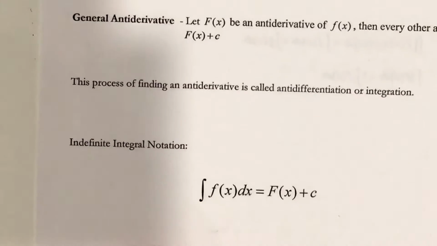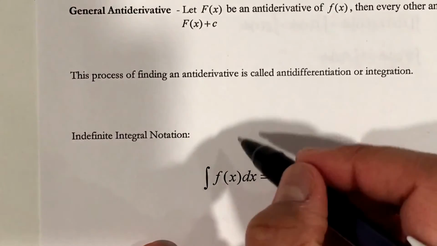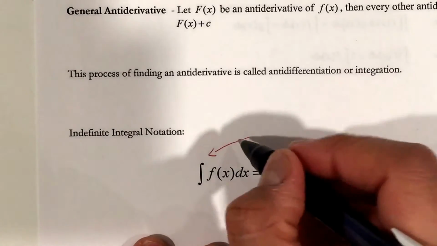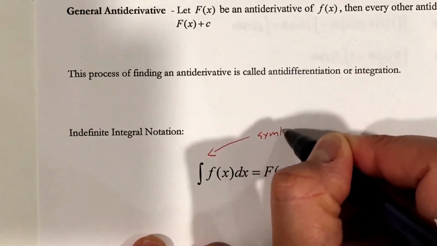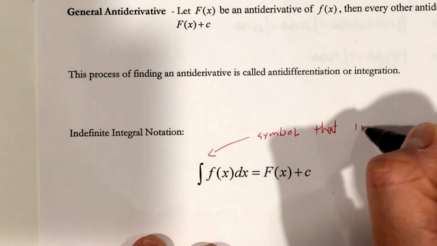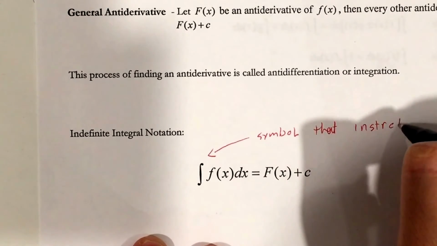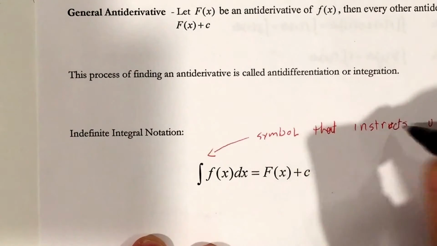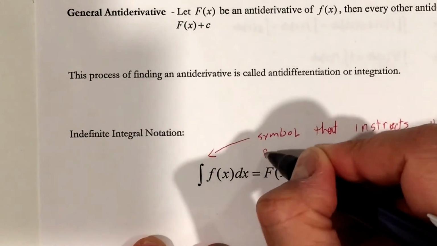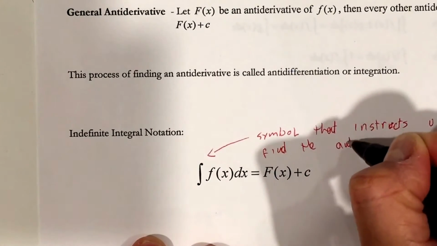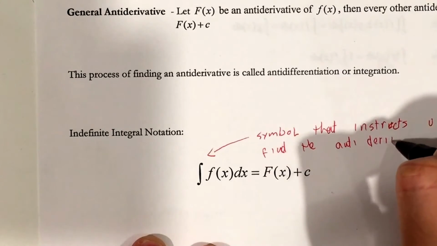So, this is the symbol. This is a symbol that instructs us to find the antiderivative. Okay.